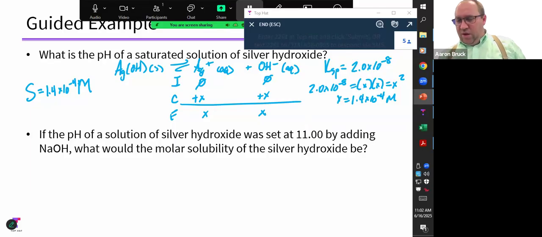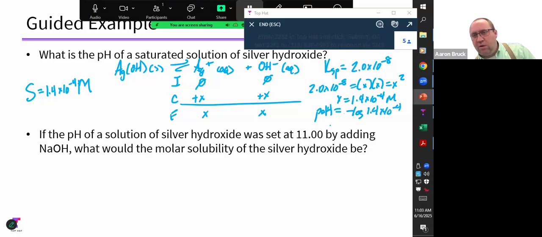And so taking the opposite of the logarithm of this, we would get that the pOH is 3.85, which gives us a pH of 10.15.